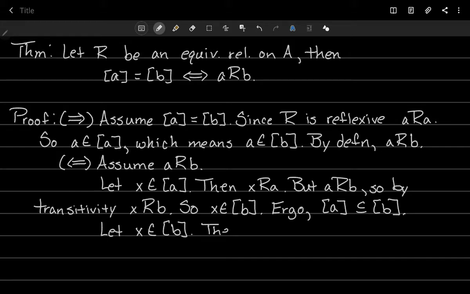Well, by definition, that means X is related to B. Okay. But, so I assumed A is related to B, but remember, R is an equivalence relation. That means it's symmetric. So, B is related to A by symmetry.